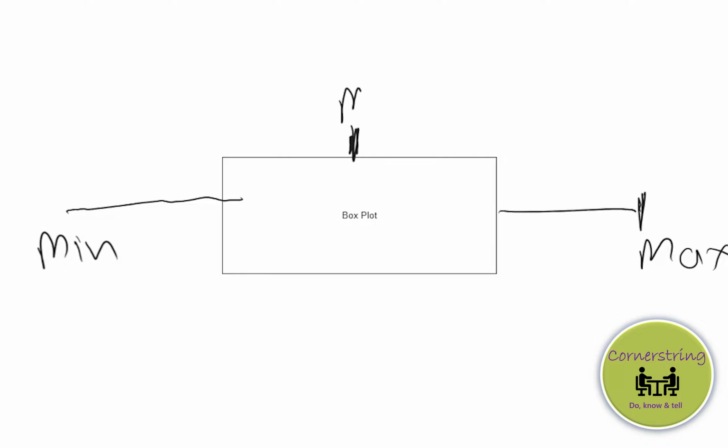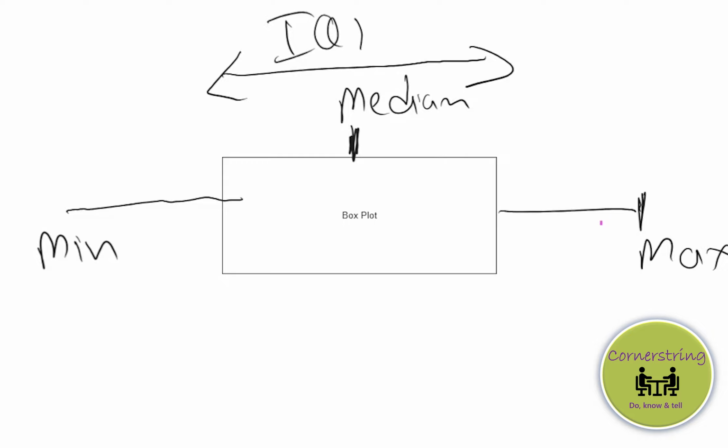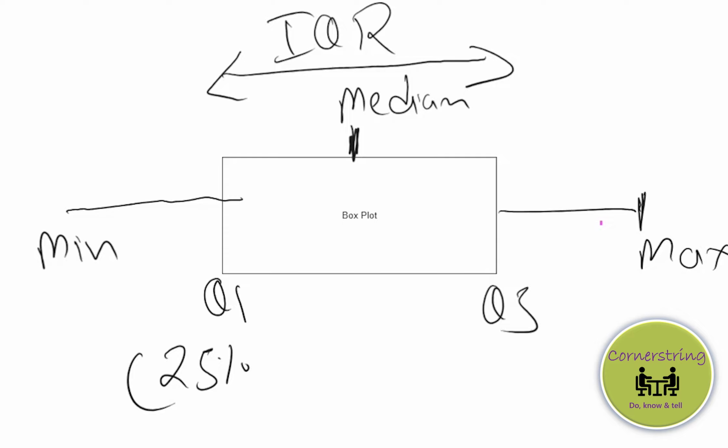This whole range is my IQR, the interquartile range. This point is your Q1 and this point is your Q3, right? Q1 is your 25th percentile, and Q3 is your 75th percentile.